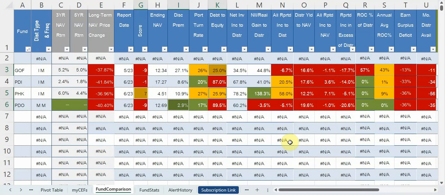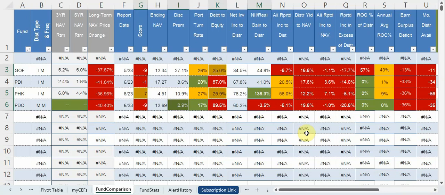And the reason for that is because the vast majority of closed-end funds, 85% and higher, rely on the unrealized portion of their portfolio to support their distributions. However, in this case, you can see that PHK was, in fact, one of the 14% or less that was able to cover their distributions with the combination of net investment income and realized gains.